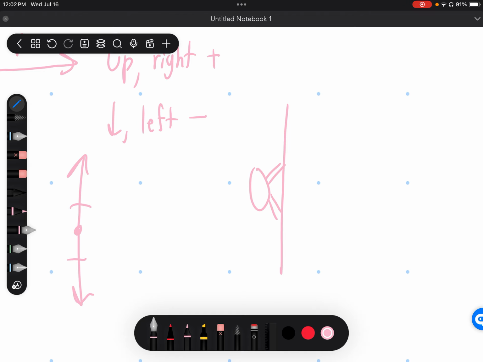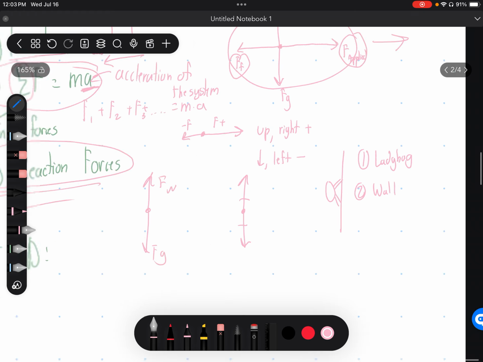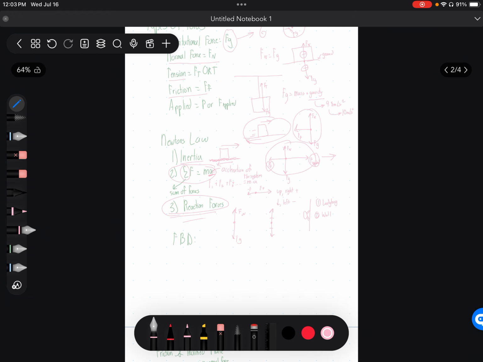We'll call it just ladybug. But then the wall pushes up on the ladybug, because as the ladybug pushes down on the wall, we already talked about that opposite force, which is that the wall pushes up. That's exactly how the ladybug goes up: the wall pushes it up. So the second reaction force is the wall. That is a very popular MCQ question that we see.